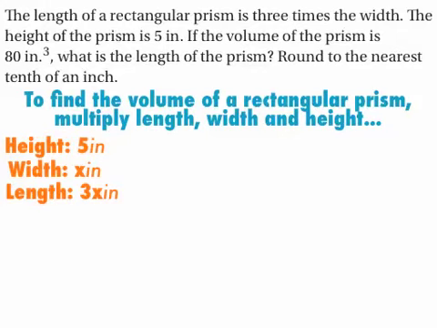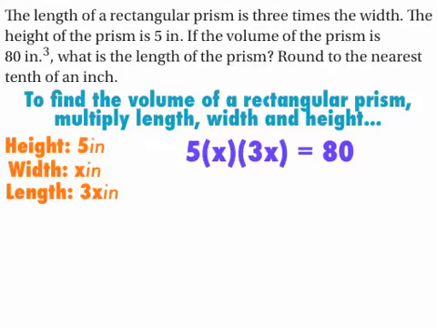I can set it equal to 80 because it says the volume of the prism is 80 inches cubed. So what I have is 5 times x times 3x, which is just height, width, and length, and I set it equal to 80 because they tell me that the volume of the prism is 80 inches cubed.